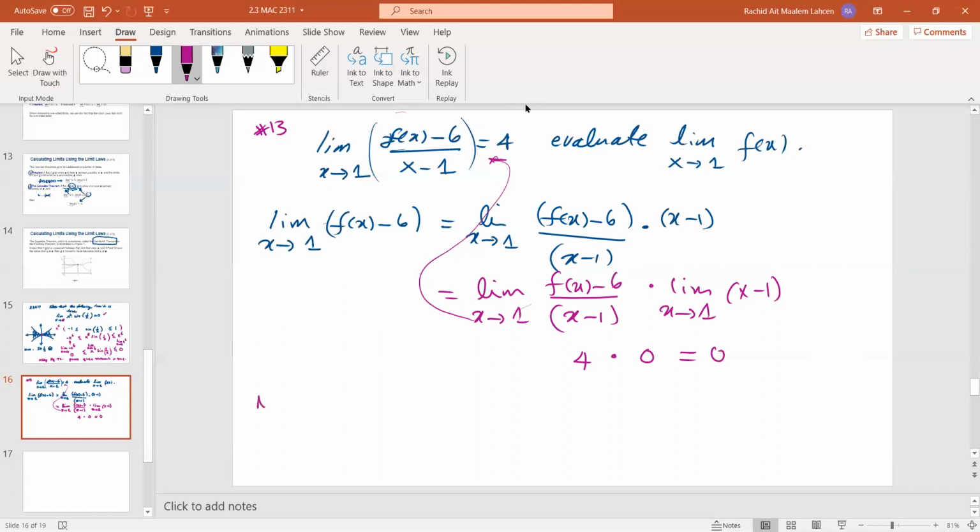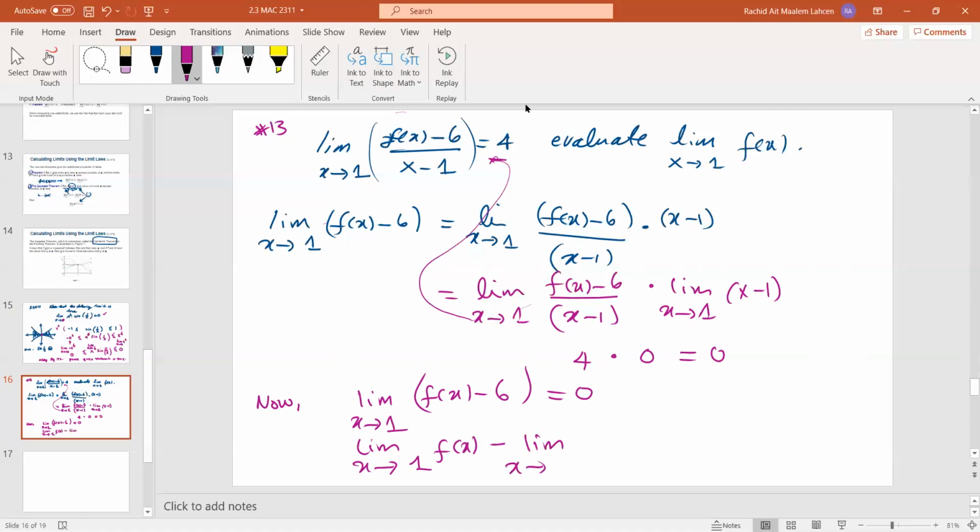And now that we know that the limit of this f of x minus 6 is 0, we can use the law of the difference to split it. Right? And what do you think is going to happen?